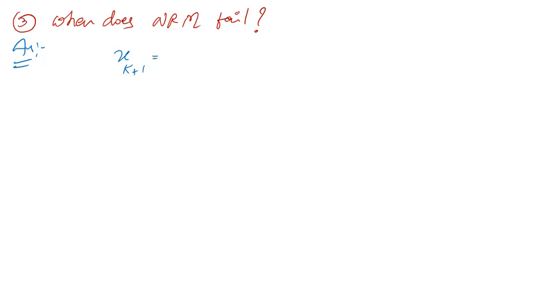When does the Newton-Raphson method fail? This is the question. Okay, and the answer is, what is the Newton-Raphson method formula? xk plus 1 equal to xk minus f of xk by f dash xk, right?